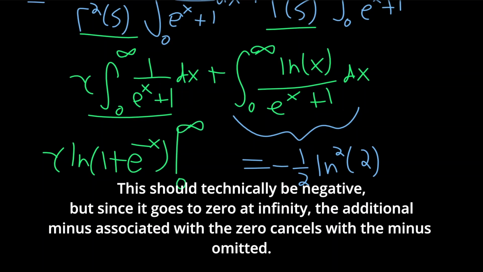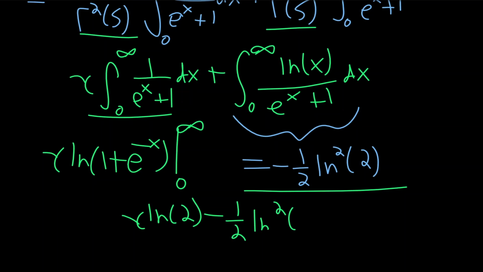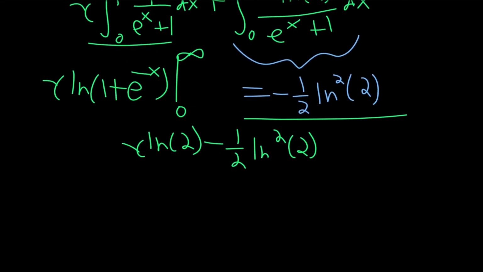The term at infinity is just going to go to 0, but if we plug in 0 into here, we end up getting the Euler-Mascheroni constant times the natural log of 2, and then chucking on that bit right there, we have minus 1/2 natural log squared of 2. And that right there is equal to eta prime of 1.